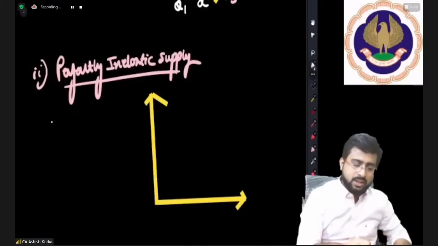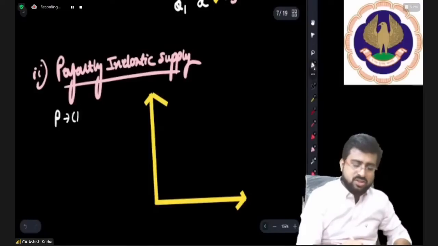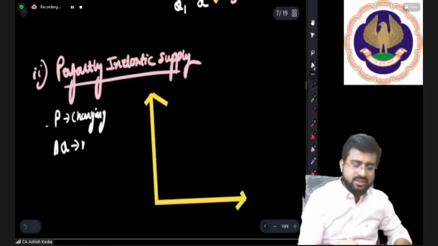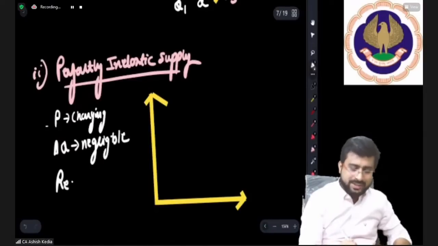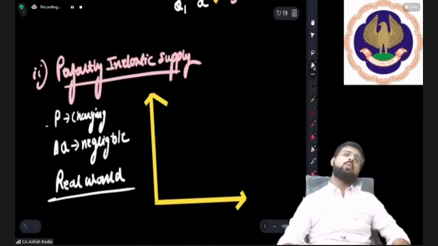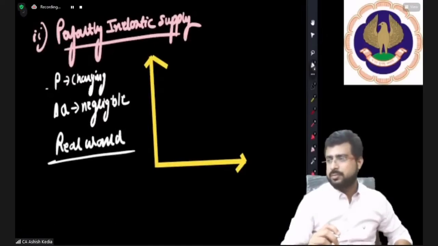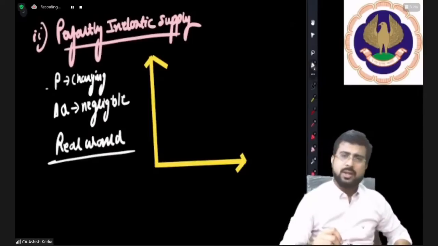Price is changing, but change in quantity is negligible. Is it possible in the real world? Yes, it is possible. How? Let's talk about the painting of Mona Lisa.